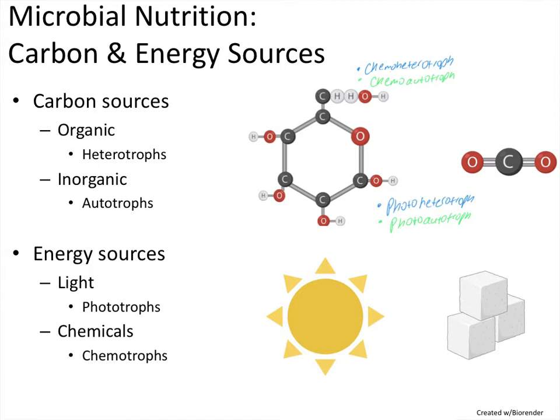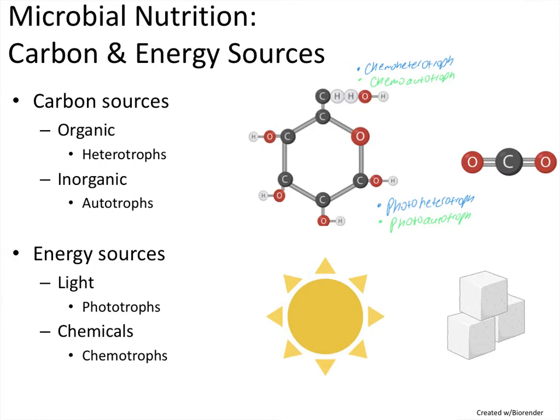And out of those, the chemoheterotroph is the type of organism that most of the things that infect us are. These are organisms that use chemicals as an energy source, and they use organic carbon as their carbon source. And humans and animals are excellent sources of chemicals and excellent sources of organic carbon.